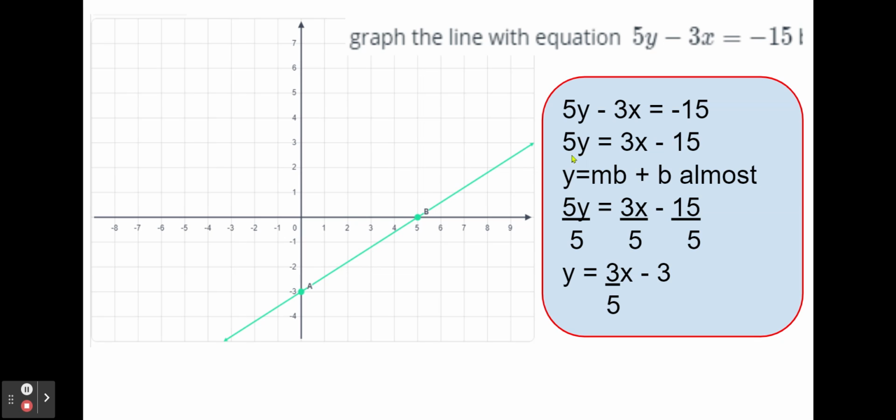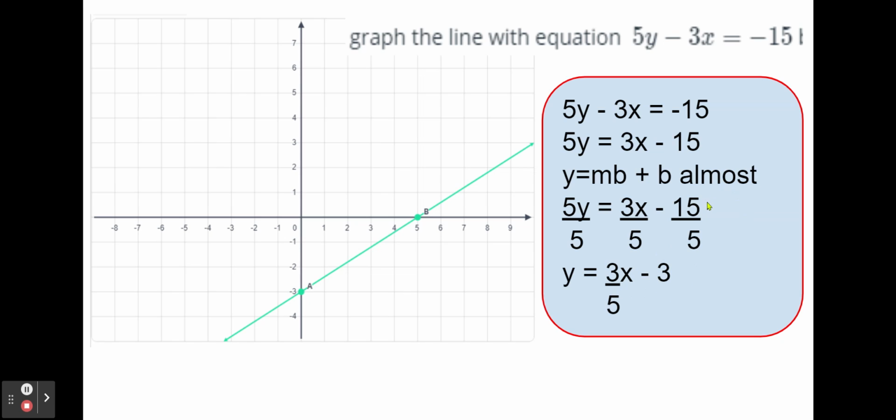Now my formula looks like 5y equals 3x minus 15. It's almost like our formula y equals mx plus b, almost. What I have to do is get my y by itself, so I divide the entire thing by 5. That gets my y by itself. Y equals 3 over 5x minus 3.